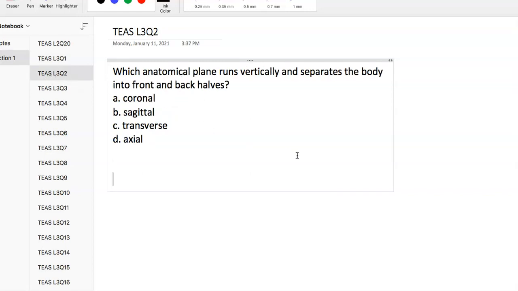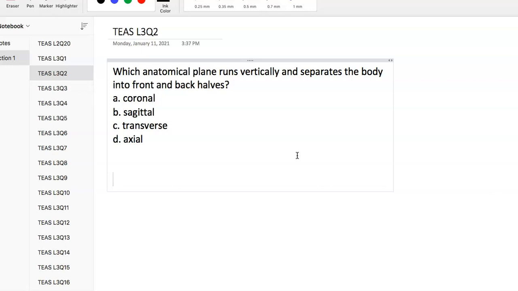Okay, question 2. Which anatomical plane runs vertically and separates the body into front and back halves? So we have the coronal, sagittal, transverse, or axial. And the answer that we want is coronal. So the coronal plane separates the body into front and back halves, while the sagittal plane separates the body into left and right halves.